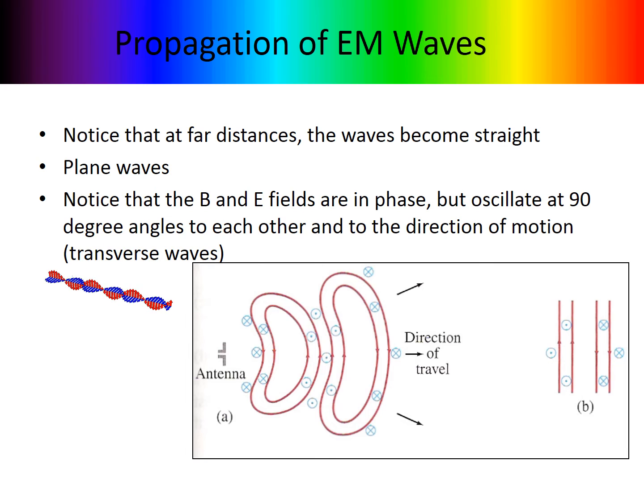So that's known as a transverse wave. This is an electromagnetic transverse wave, where you have magnetic fields and electric fields in phase with each other, meaning their peaks line up with each other, their troughs line up with each other, but they are oscillated at 90 degrees to each other.